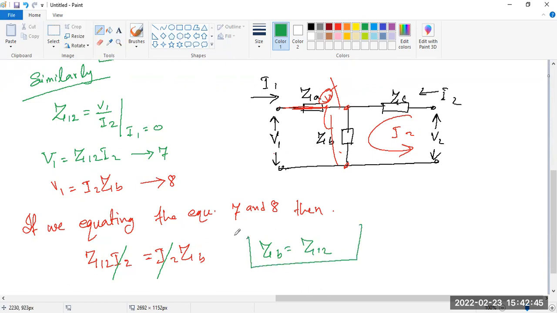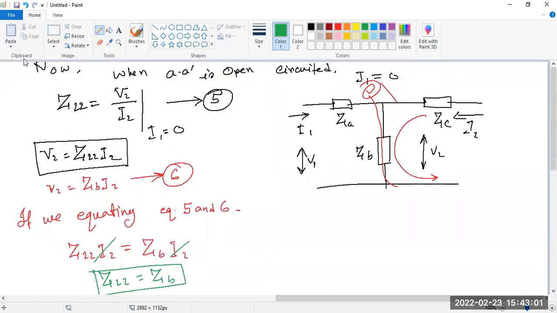Look, here we also get the ZB is Z12, and in the previous case also we got ZB whenever this V2 was open, then ZB is the Z21 also.